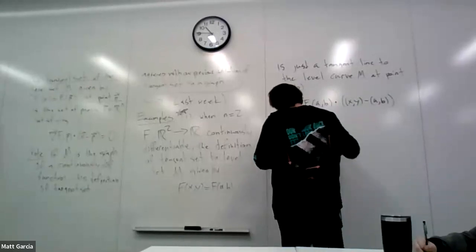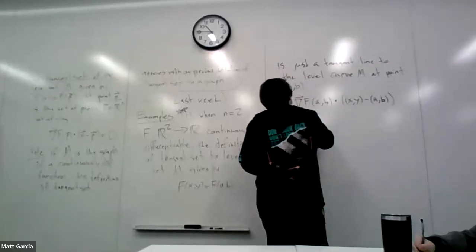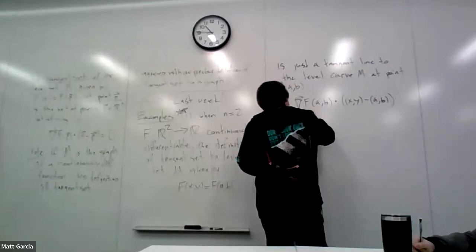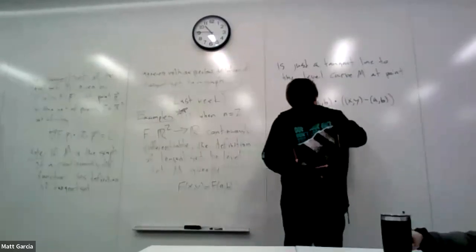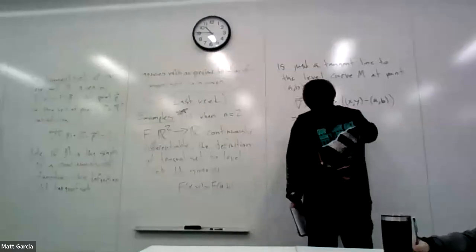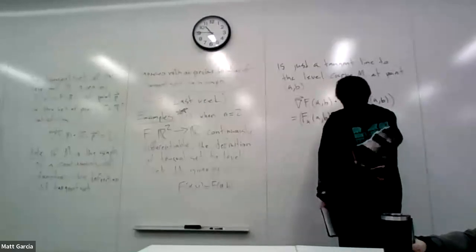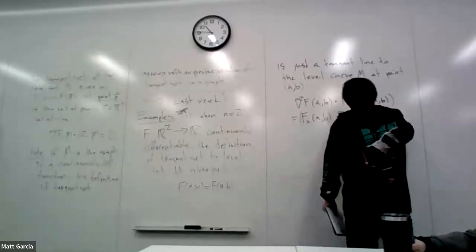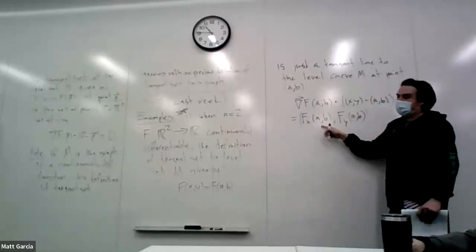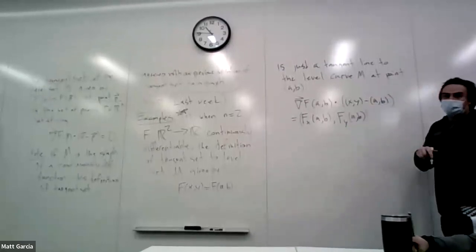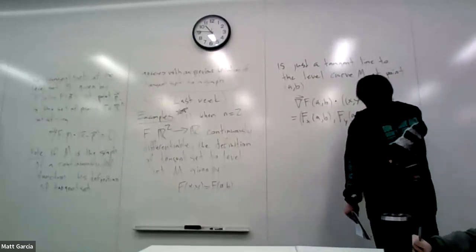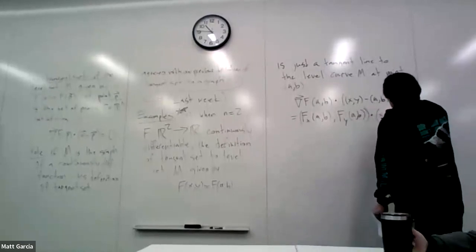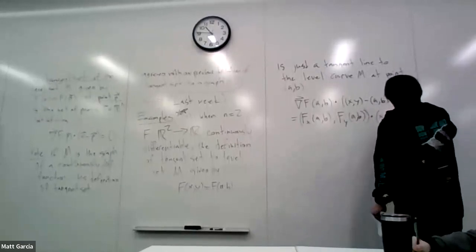Well, this takes a fairly familiar form, right? Let me write every step of this just so we get really comfortable here. This is the gradient of f evaluated at a comma b. I take the partial with respect to x evaluated at a comma b, partial with respect to y evaluated at a comma b, dot the vector x minus a, comma, y minus b.